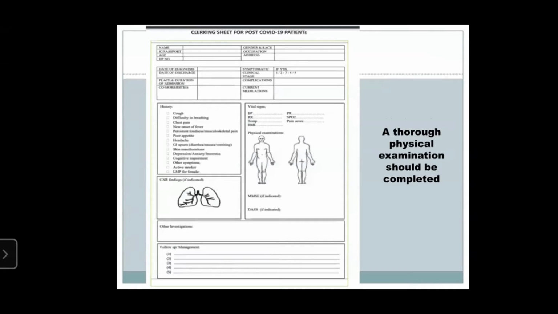This is the example from our post-COVID-19 management protocol, first edition 2021. The example of a clerking sheet for post-COVID-19 patient, we must include the date of diagnosis, the date of discharge, and then the symptoms previously and currently, and then clinical stage previously, and complications, any current medication, any comorbids, and then the examination part, we can see that we have the full vital signs, and then we may include MMSE or DASS score if indicated.